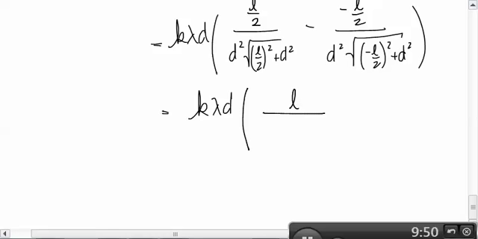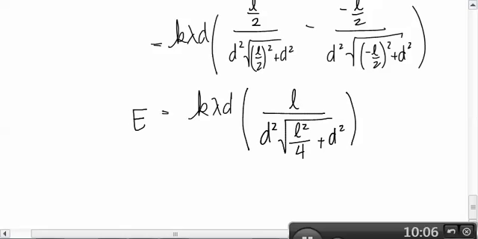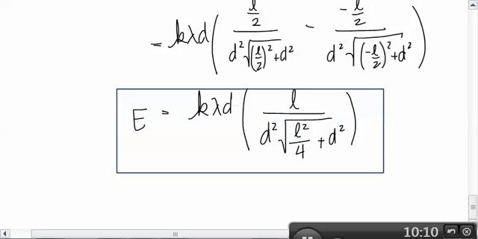L over d squared, square root. Can I call this L squared over 4 plus d squared? Thanks, Shelly. I could actually cancel a d and a d squared here. And that winds up being in the right form. So that makes me happy.